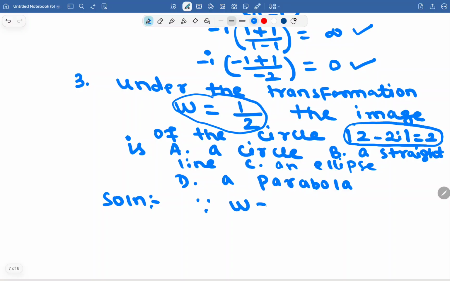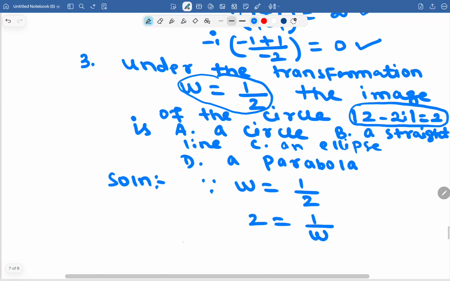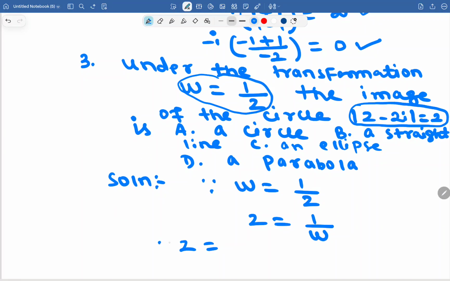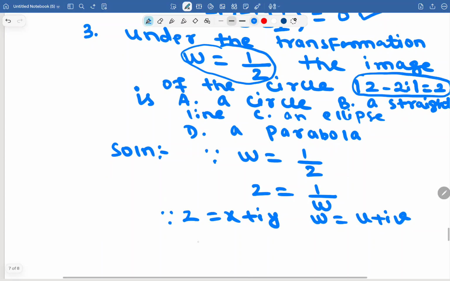Since w is 1 by z, z is 1 by w. Z is nothing but x plus iy, w is nothing but u plus iv.